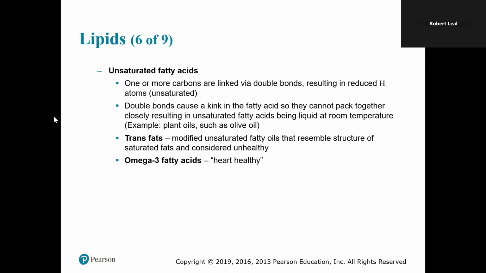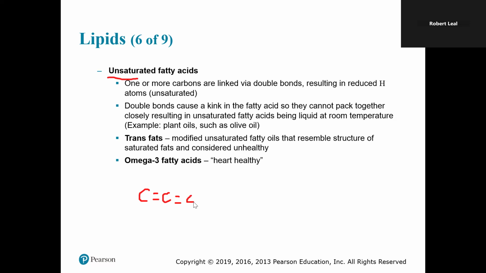Now, unsaturated is not too much different. It's still a lipid in that you don't see anything polar, you don't see any charges. But now between the carbons, you see double bonds, indicating that each carbon is sharing 2 electrons with the other. So anytime you see double bonds between the carbons, it's unsaturated.